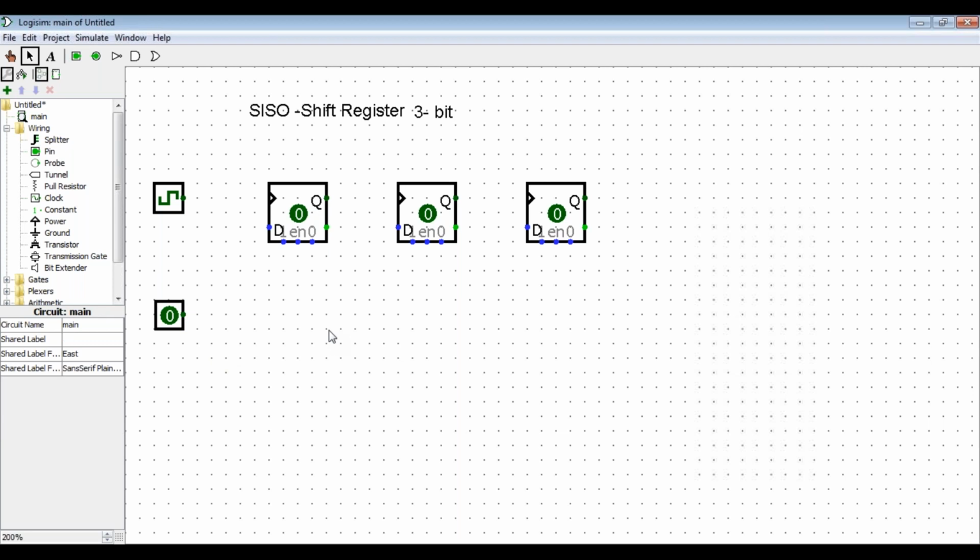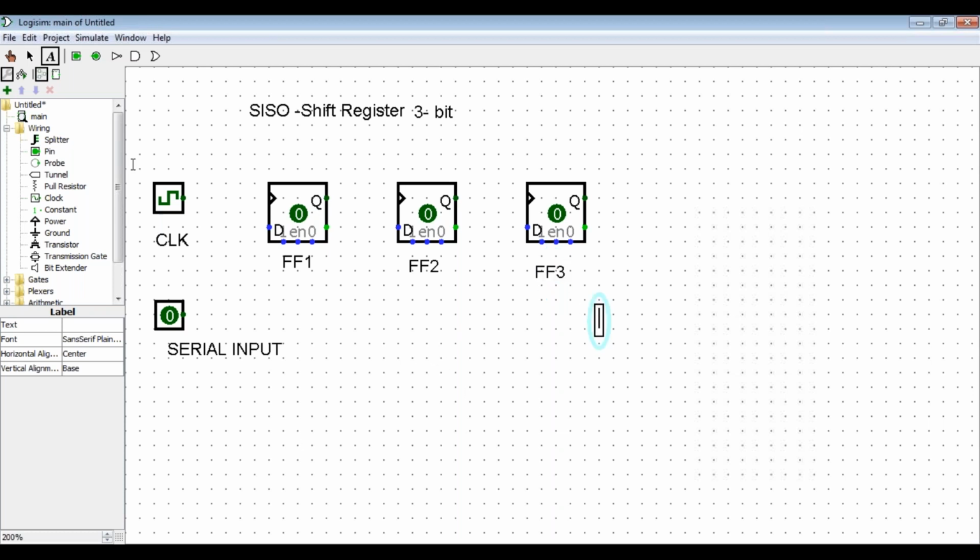Next I'm going for labeling, which will give you a better understanding. This is your clock, this is your serial input, this is my flip-flop 1, my flip-flop 2, this is my flip-flop 3.